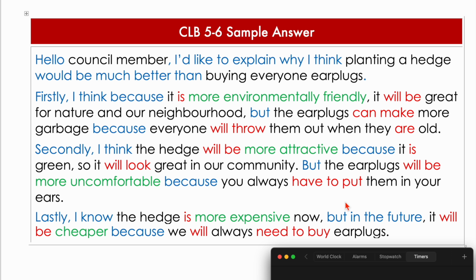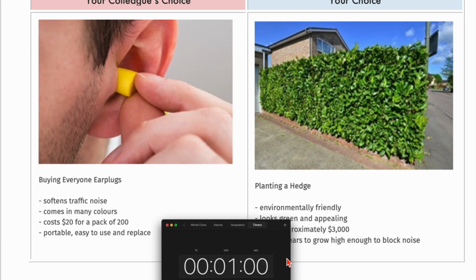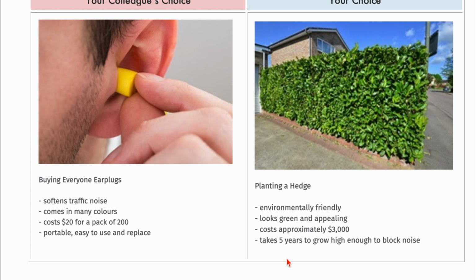So, everyone, let's practice reading it and then let's practice speaking it in 1 minute. Slowly, clearly, continuously, okay? And then the best thing that you can do is can you speak that answer by yourself in 1 minute without reading it?